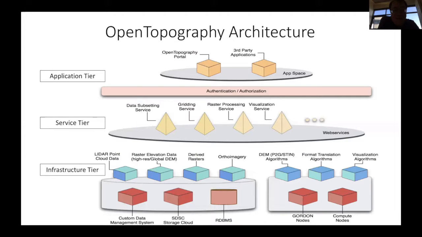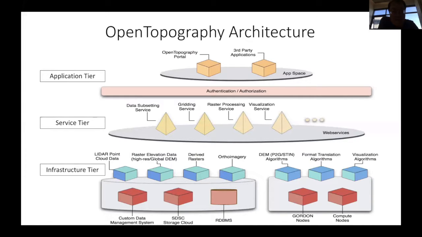OT also has a service tier, with a bunch of different web services, such as data subsetting services, gridding service, the raster processing service, and visualization, etc. OT also has its infrastructure for managing the custom data management system.